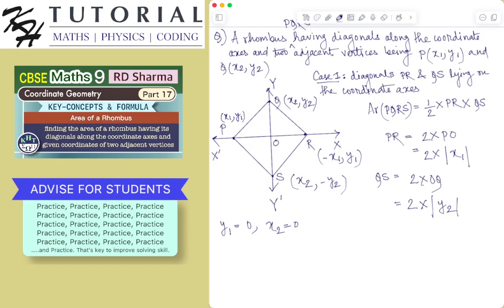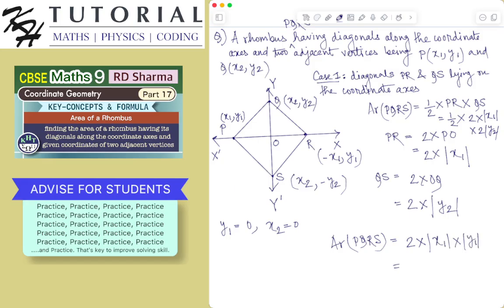Now what will be the area of the rhombus PQRS? This will be half times PR times QS. PR was 2 times modulus of x1 and QS was 2 times modulus of y2. So we get the area of the rhombus PQRS equal to 2 times the product of the absolute value of x1 and the absolute value of y2.